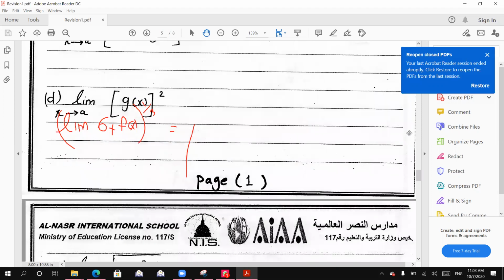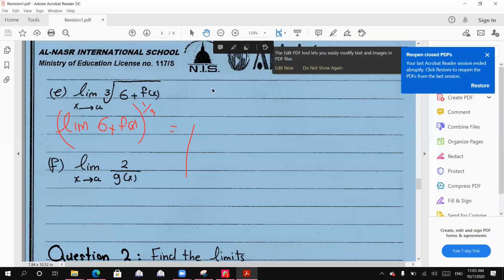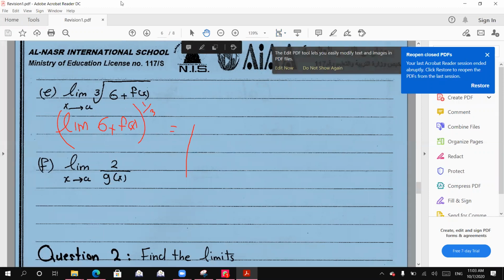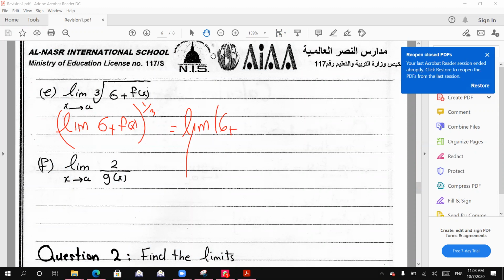It's 2. So because of that, I can say now it's limit 6 plus, what is the limit of f of x?